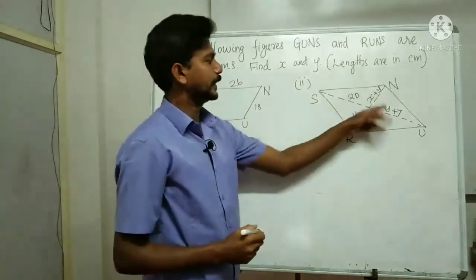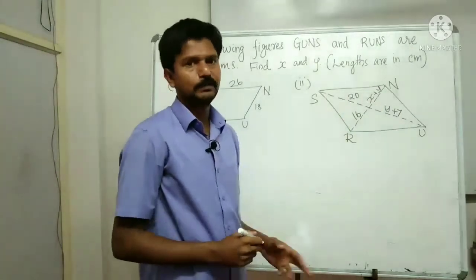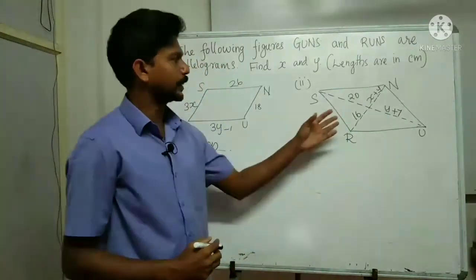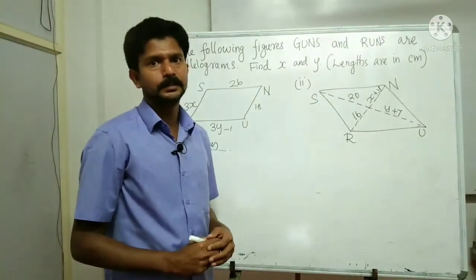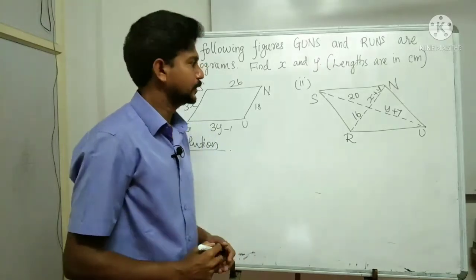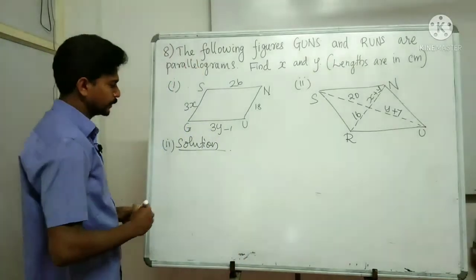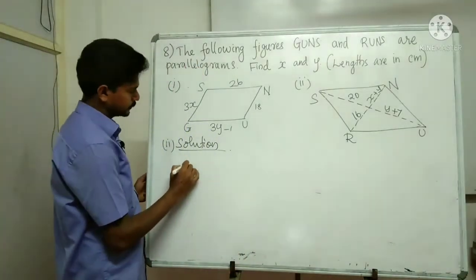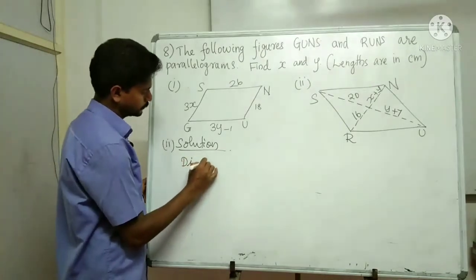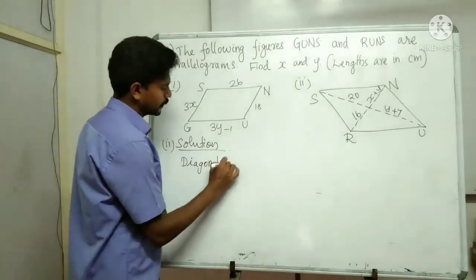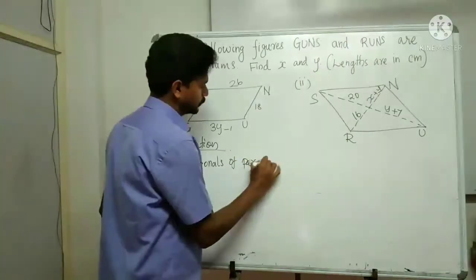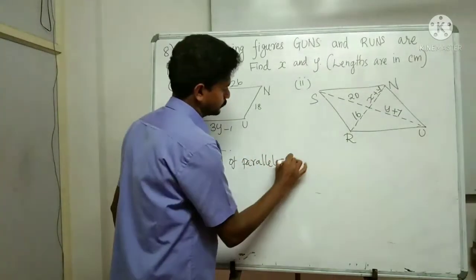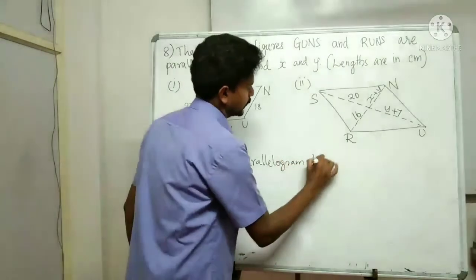Now it is given the values inside the diagonals. What about the properties connecting to the diagonal of a parallelogram? Diagonals of a parallelogram bisect each other, right? So that is the property here. So we can write that: diagonals of parallelogram bisect each other.